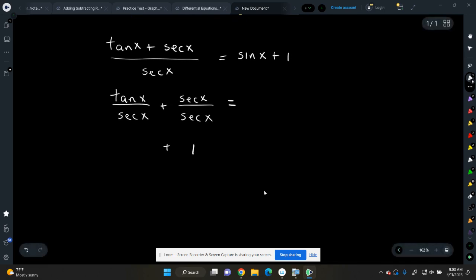So there's my 1, that's good. But the tangent, I need it to be just plain old sine. So can I write tangent in terms of sine? Tangent is sine x over cosine x. So there's my tangent. What about secant? That's 1 over cosine.